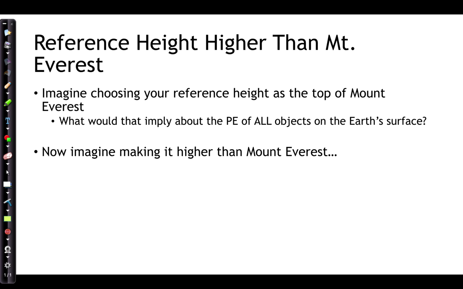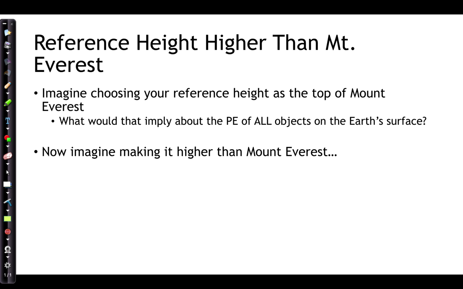Now, I asked this question because it goes towards physics 12, and it's a kind of a subtle thing. What we do in physics 12 is we choose h equals 0. This is for space problems, by the way. We want to raise an object from the surface of the Earth up to about 400 kilometers, the height of the space station.